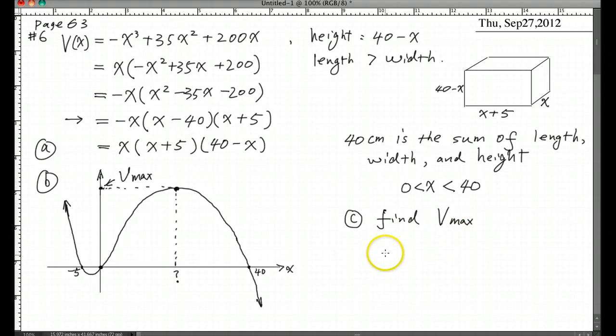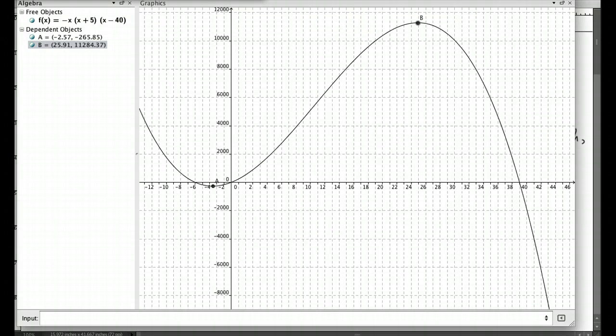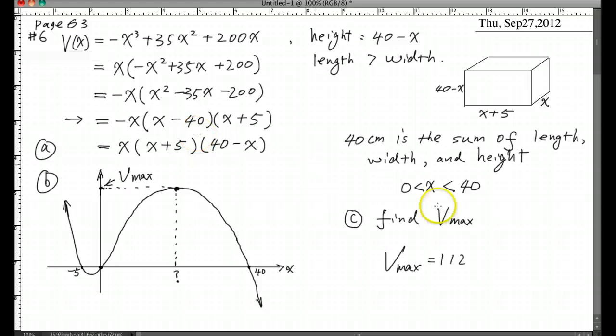So V max equals 11,284.37 cubic centimeters. Okay, of course this is the method where I used the software, but you need to practice how to use a TI-83 Plus graphing calculator.